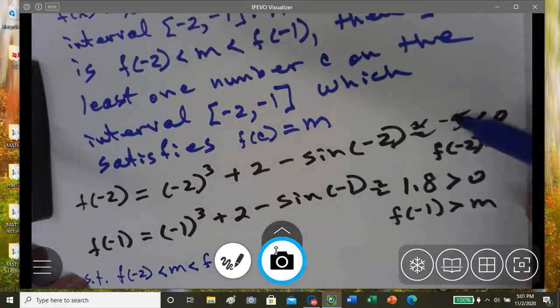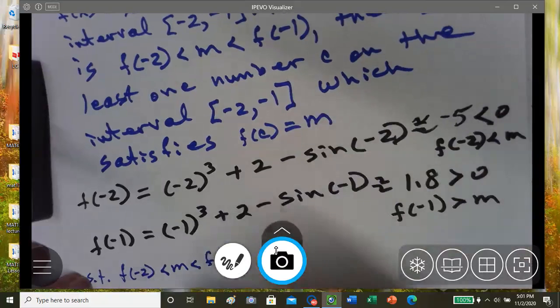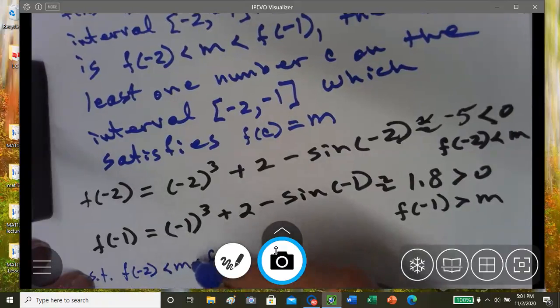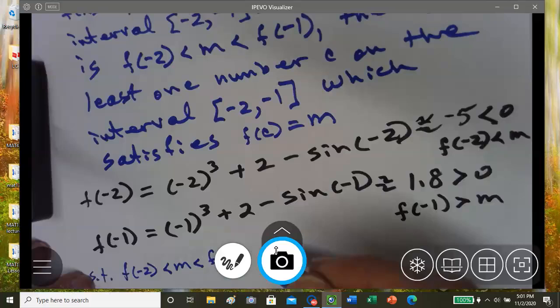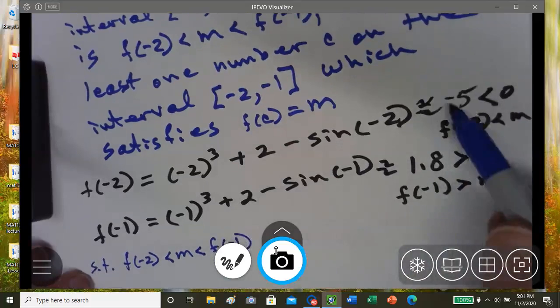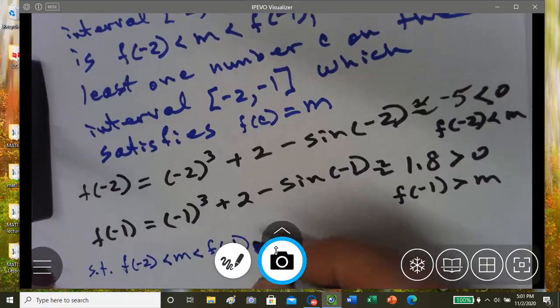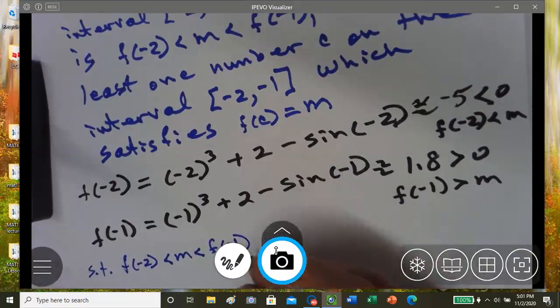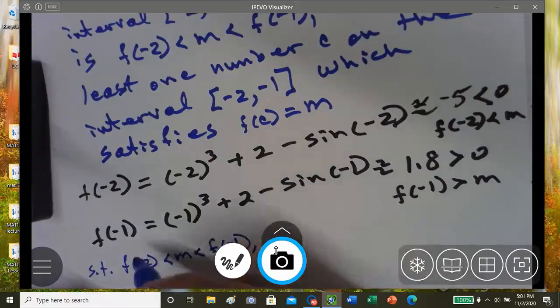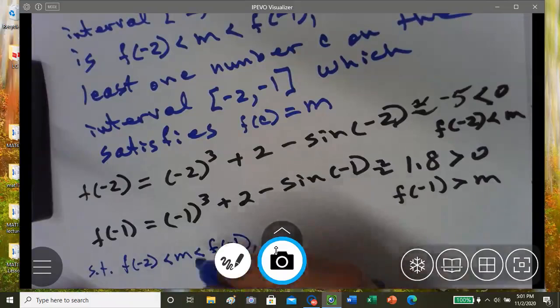Now, if this was reversed, if this was positive 5, and this was negative 1.8, then you would have to reverse it. You'd have to say f of negative 2 is greater than m, and m is greater than f of negative 1. But it's not. It's negative and positive. So this is how we've got it. Just letting you know that it's not always going to be less than and less than. It could be greater than and greater than.